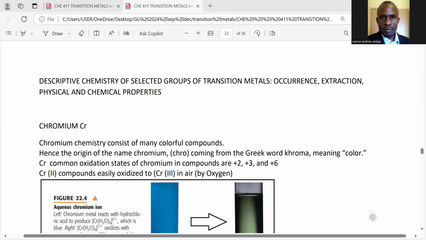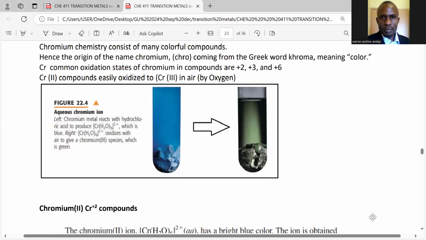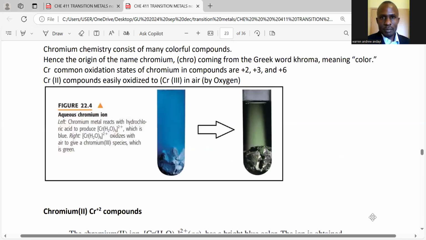Chromium 2 is easily oxidized to chromium 3 in air or by oxygen, and it can be seen clearly in this representation. If you take chromium metal and dissolve it in HCl, what happens? It will form this complex here, whose color is blue. So that's chromium 2 plus.